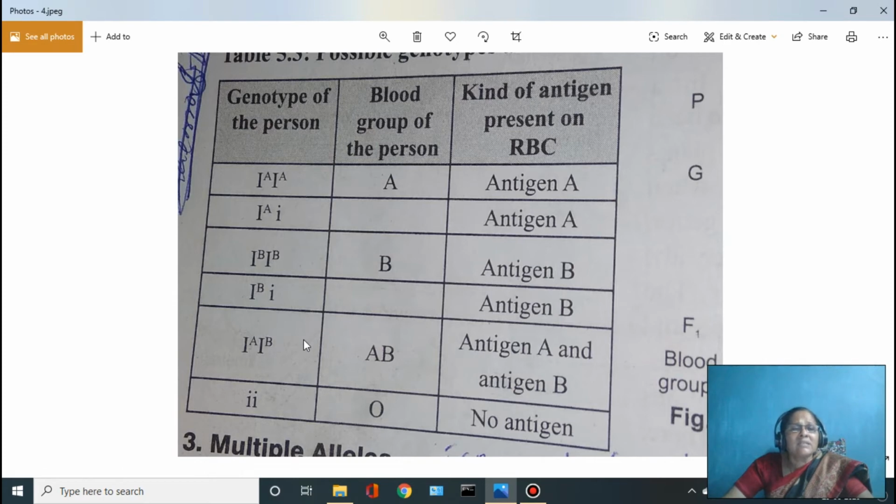Whereas the LM blood group system is a minor blood group, and the genes for the M and N antigens are present on chromosome number 4.